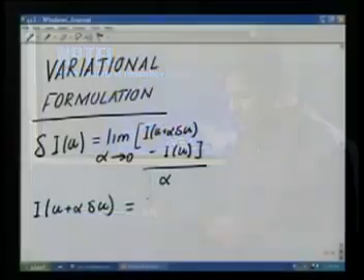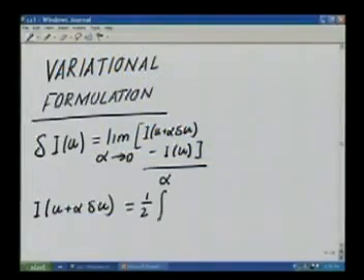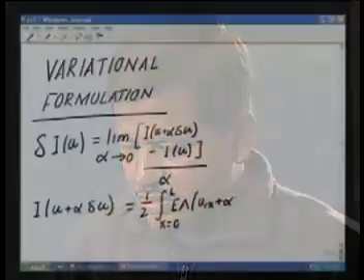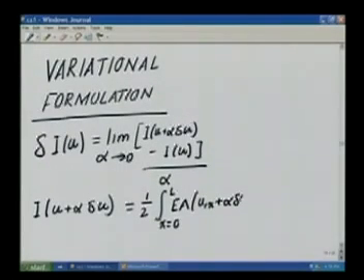So what will we get? This will be equal to half integral x equal to 0 to L EA u prime x plus alpha delta u prime x, whole squared. Okay, I'll rewrite it here.